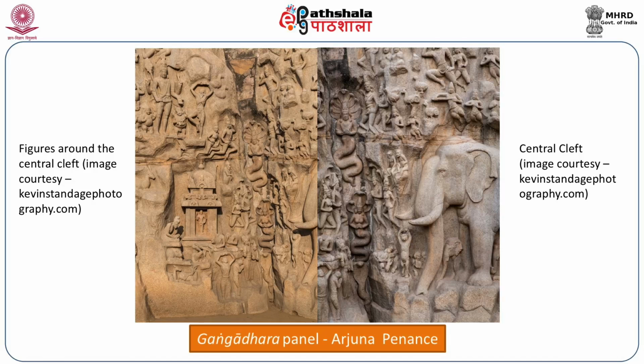You could see that there is a gap between the two rocky surfaces that we call the cleft, through which Ganga flows down to the rectangular cistern at the bottom. On the left side, you could see Arjuna shown standing on one leg and holding both hands above the head, and Shiva is shown to his left.